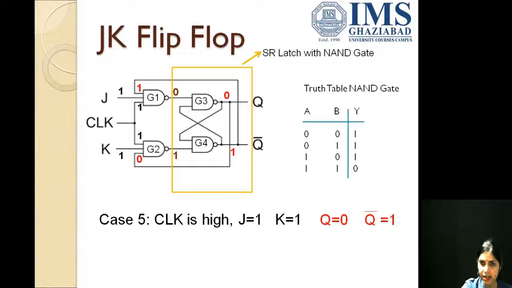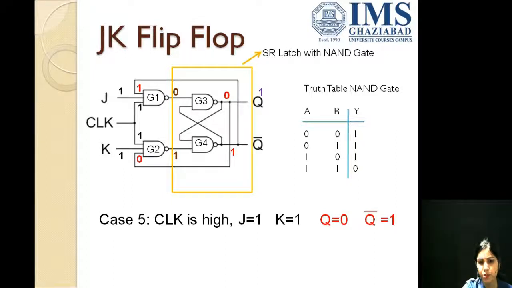This is a SR latch with NAND gate. Now here, if any of the inputs for NAND gate is 0, the output is 1, that we know. So the output from G3 gate would be 1, and this one would now be going to the G4 gate as input.